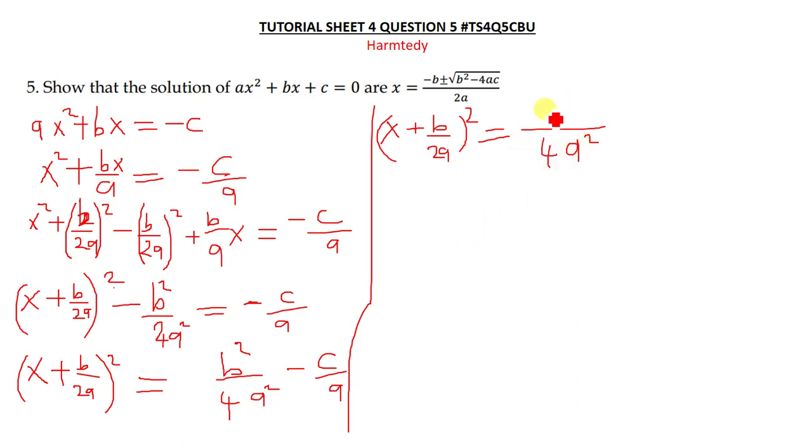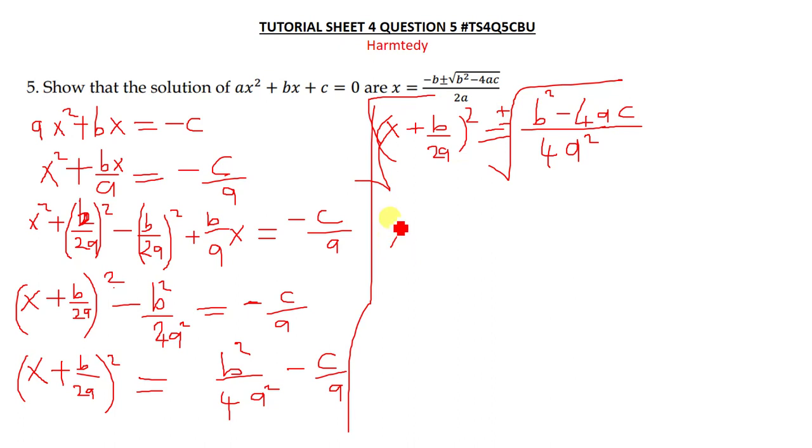Then this one is going to be b squared, then a into 4a squared, and 4a times c is going to be 4ac. From there we can now find the square root of both sides. When we square root this side, we also square root this side, and one always moves with plus or minus.